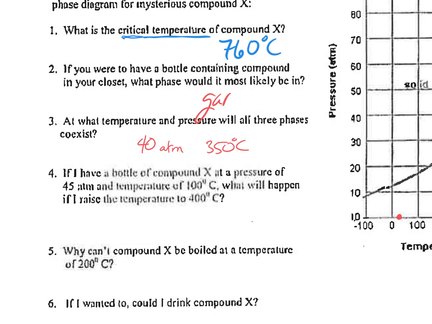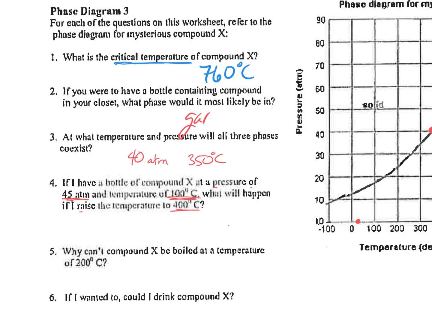If I have a bottle of compound X at a pressure of 45 atmospheres and 100 degrees Celsius, what will happen if I raise the temperature to 400? So we're going to stay at 45 atmospheres, and we're just raising the temperature. 45 atmospheres puts me about there on my pressure graph.